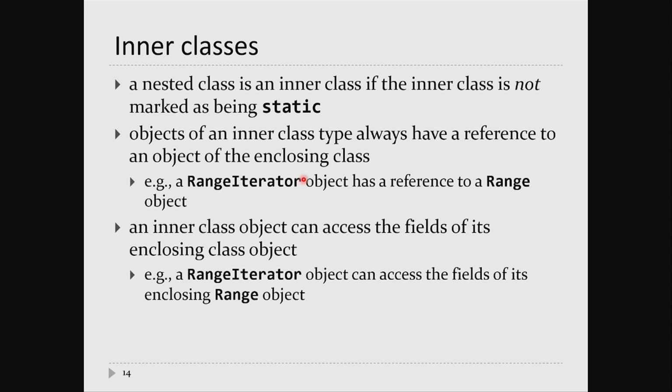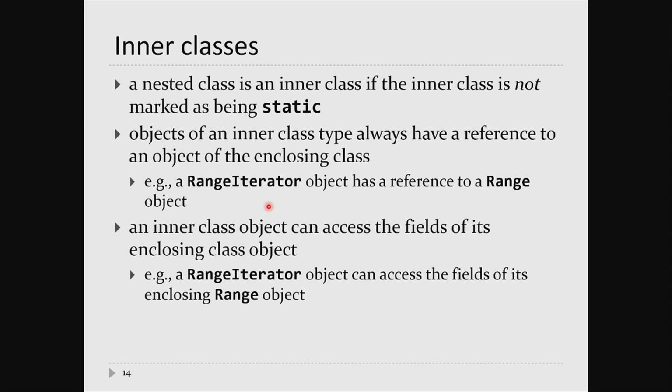Okay. So what is an inner class? Well, an inner class object always has a reference to an object of its enclosing class. That means every range iterator object has a hidden reference to its range object. Every list iterator has a hidden reference to its list object.